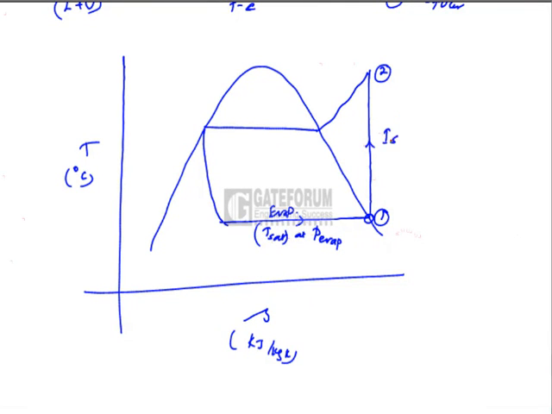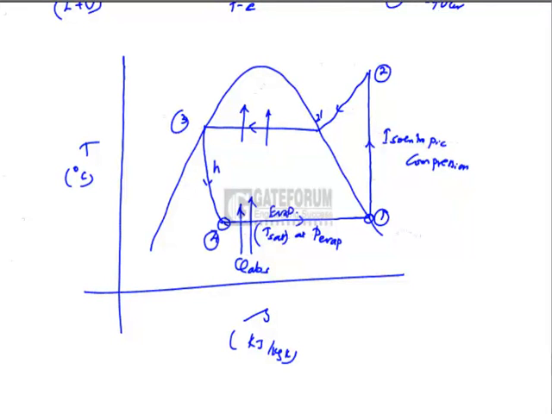This is isentropic compression. 2-3 is the desuperheating and condensation. This is Q rejected, this is Q absorbed. 3 to 4 is expansion, where enthalpy remains constant. 2-3 is cooling with the condensation.